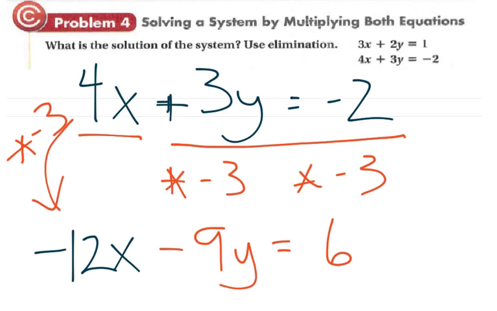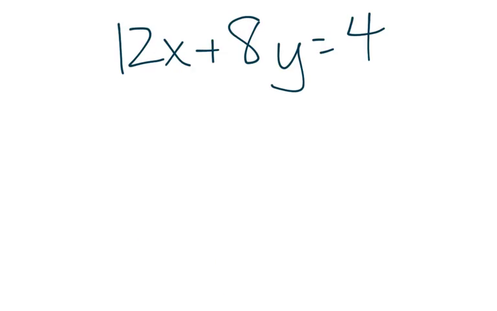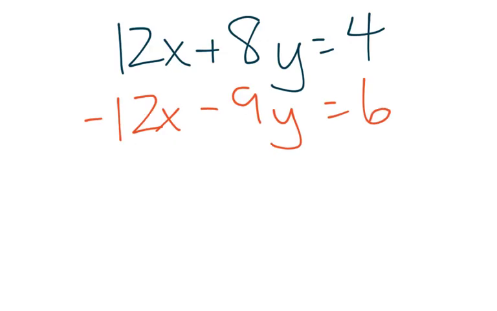So I'm going to rewrite this one below the other one, and I'll put it in red. It was negative 9y equals 6.